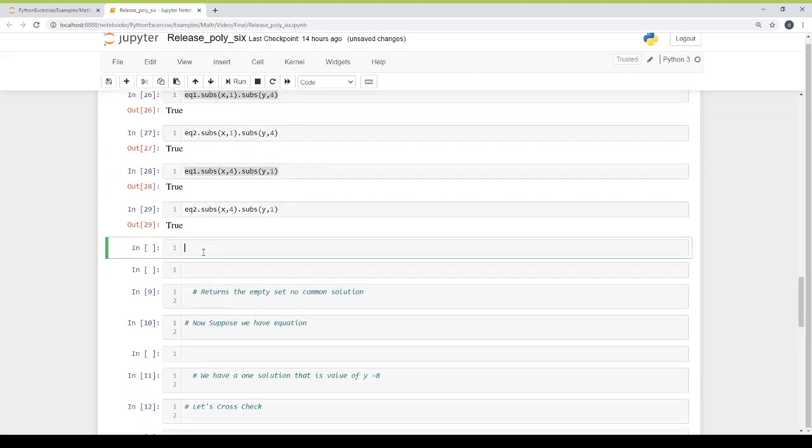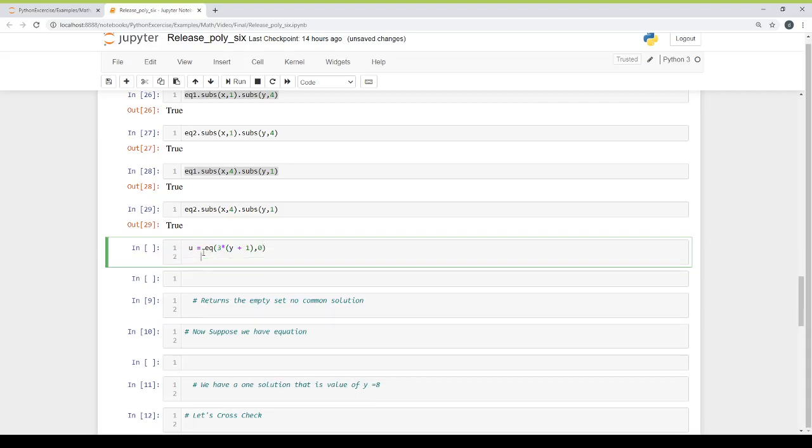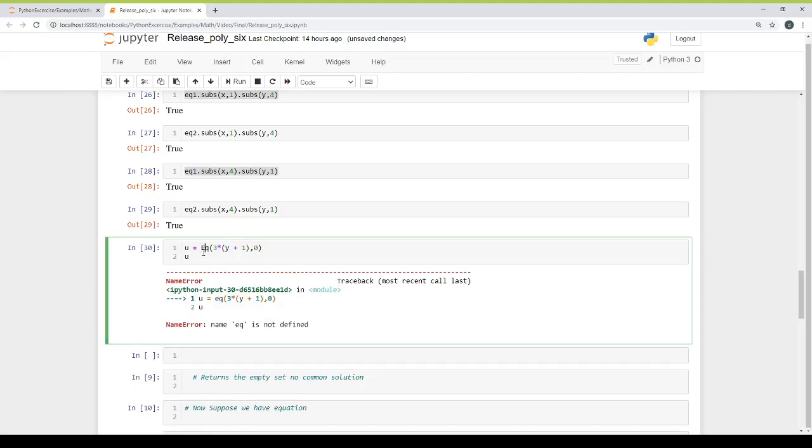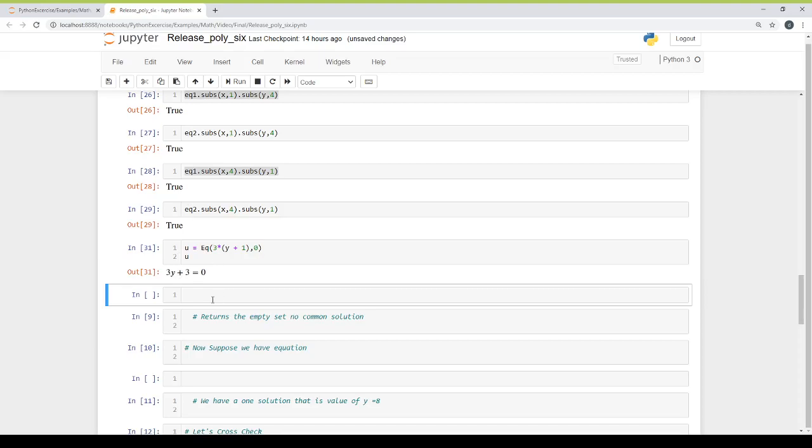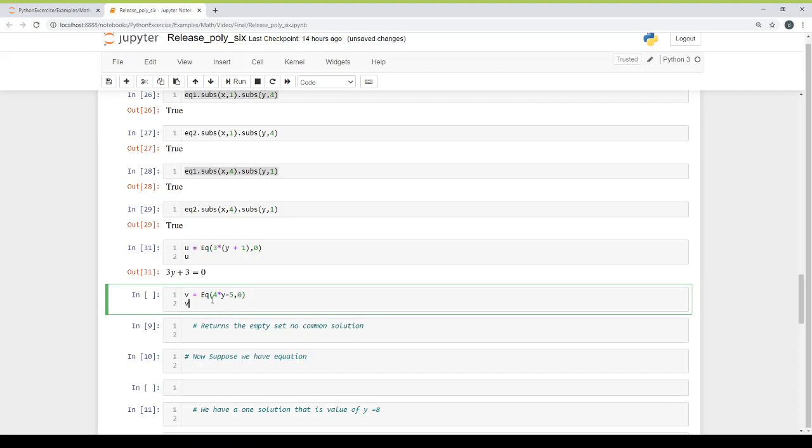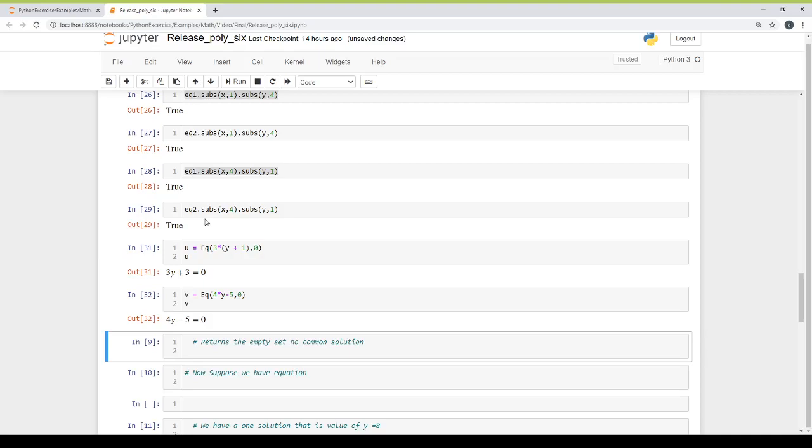Now another thing we will see. Suppose we have equation u, and in that equation we have 3 into y plus 1 comma 0, so 3y plus 3 is equal to 0, and v is equal to eq 4 into y minus 5 comma 0, shift enter, 4y minus 5 is equal to 0.